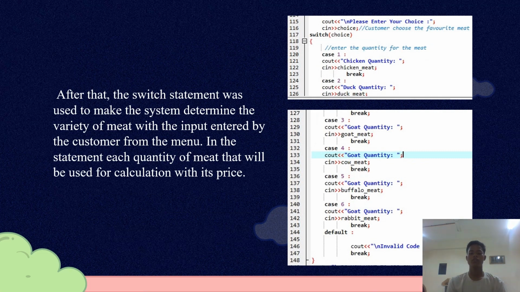After that, the switch statement is used to make the system determine the variety of meat from the input entered by the customer from the menu. In the statement, this quantity of meat will be used for calculation with the price that was displayed before in the menu.